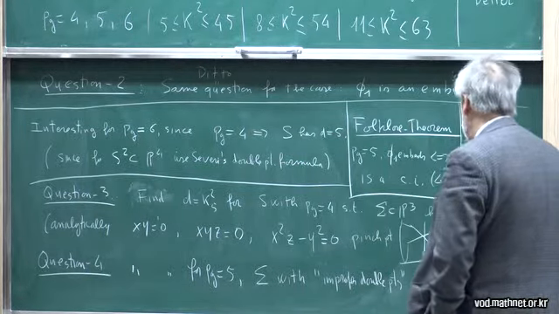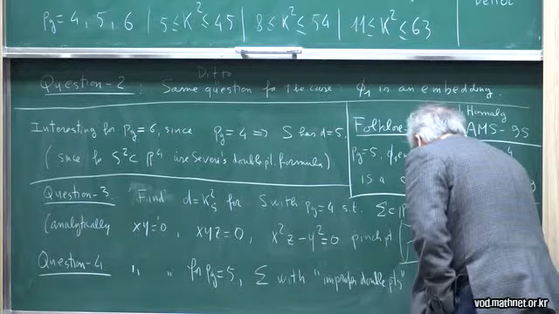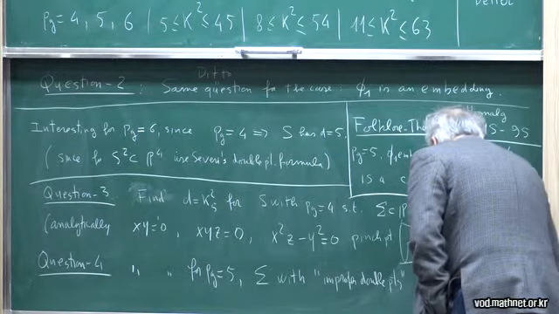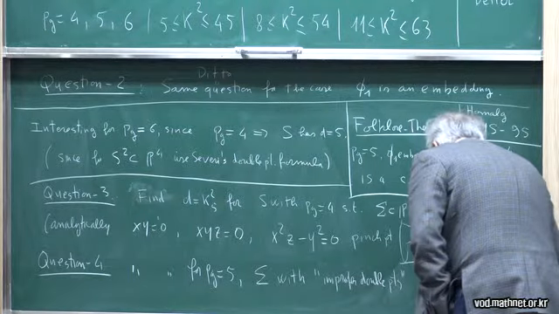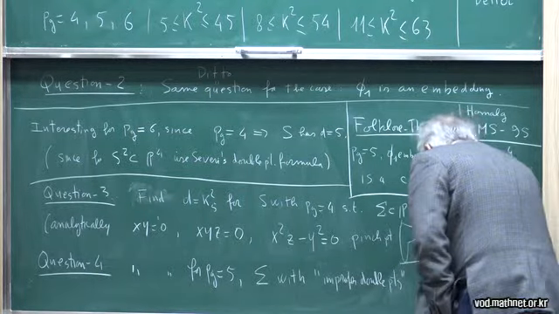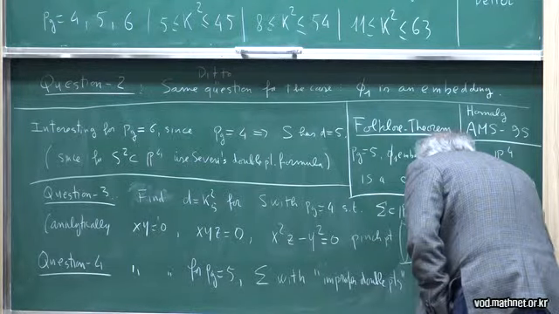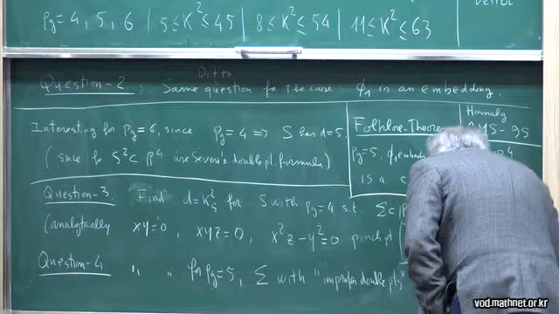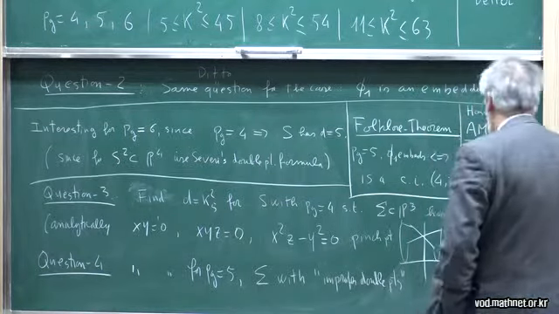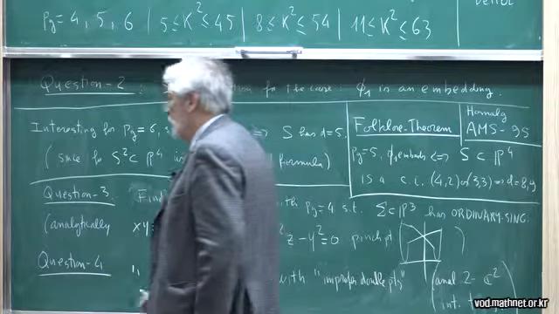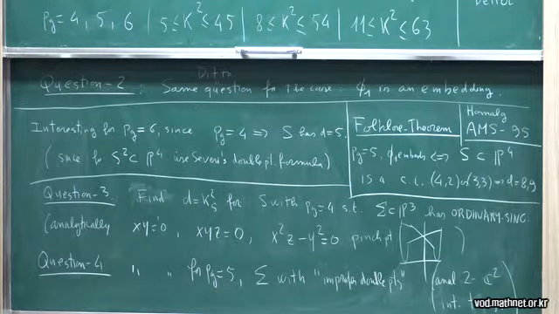Improper double points means analytically like two C2 intersecting transversally. Okay, so these are the general problems which are easy to state and a little bit less easy to solve.